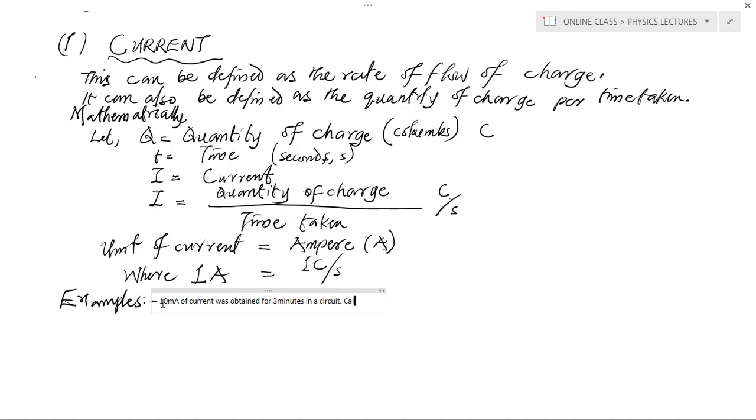Calculate the quantity of charge flowing in the circuit.